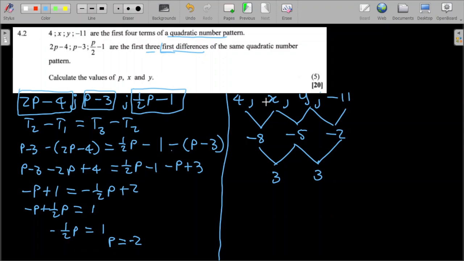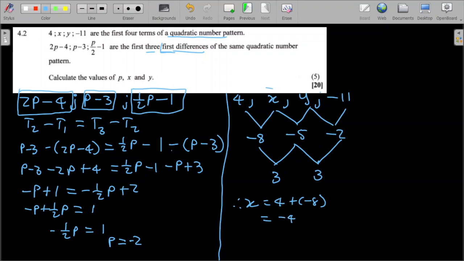Now remember, how do we get this one? We say this plus this one, which is 4 plus negative 8, which is negative 4. So therefore, x is going to be negative 4. How do I get y?